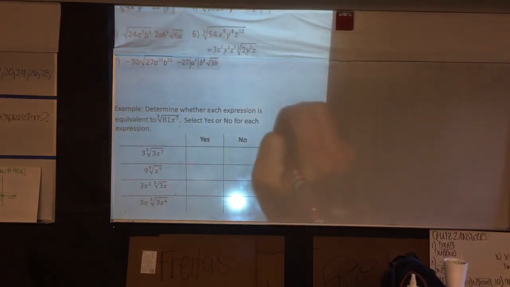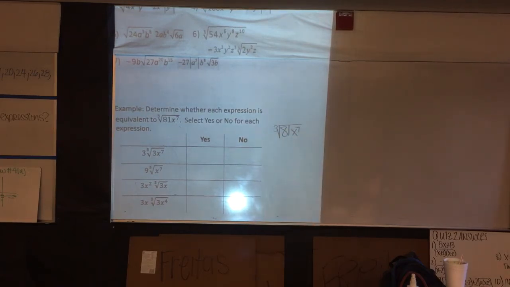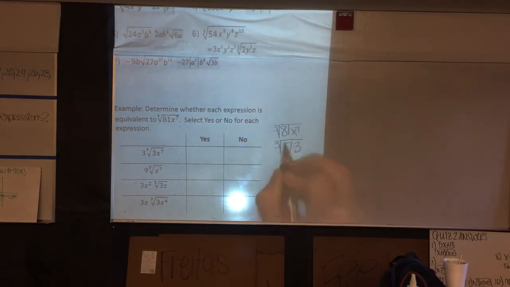So I'm going to have my cube root of 81x to the 7th. Okay, so the cube root of 81, well, 3 to the 3rd power is 27. So I could put 27 times 3 is 81, so that's 3 to the 4th power. So I could break that down into 27 times 3.